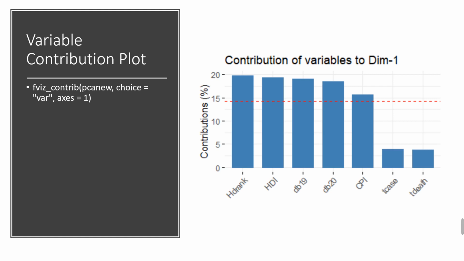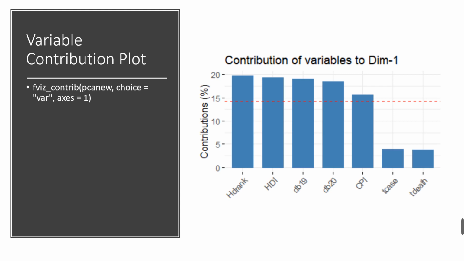Generally, each principal component is a linear combination of our variables of interest. So we generally want to know the contributions of the variables to each of the PCs.